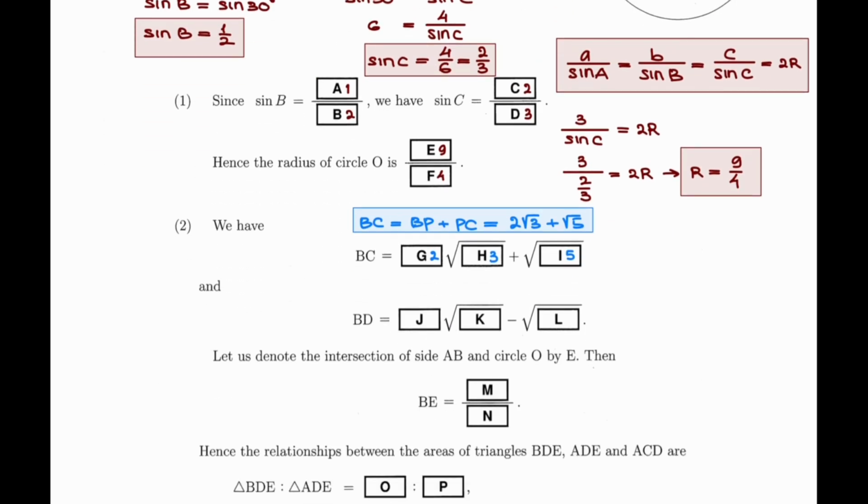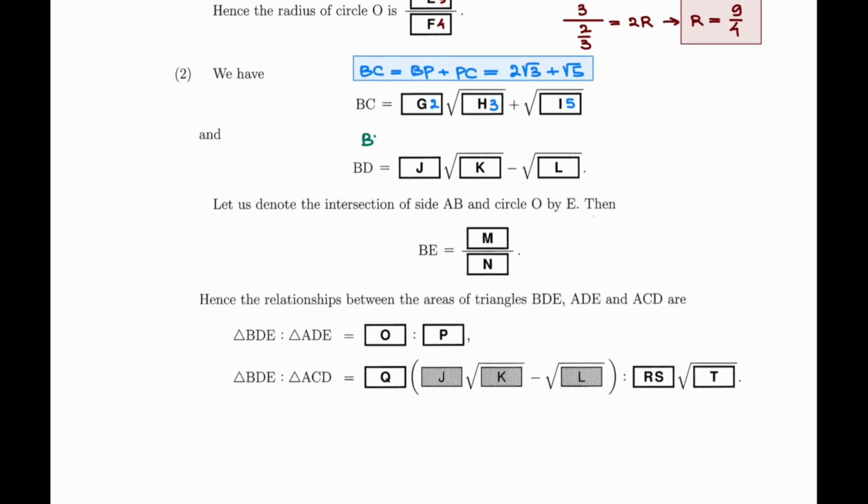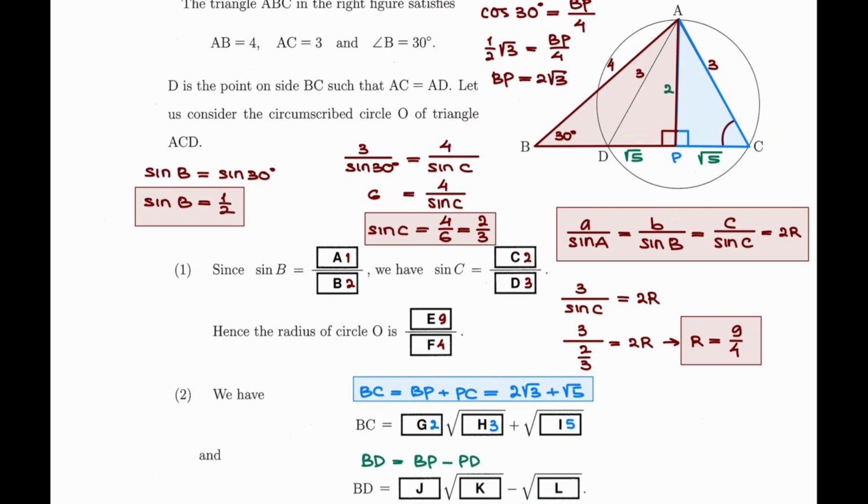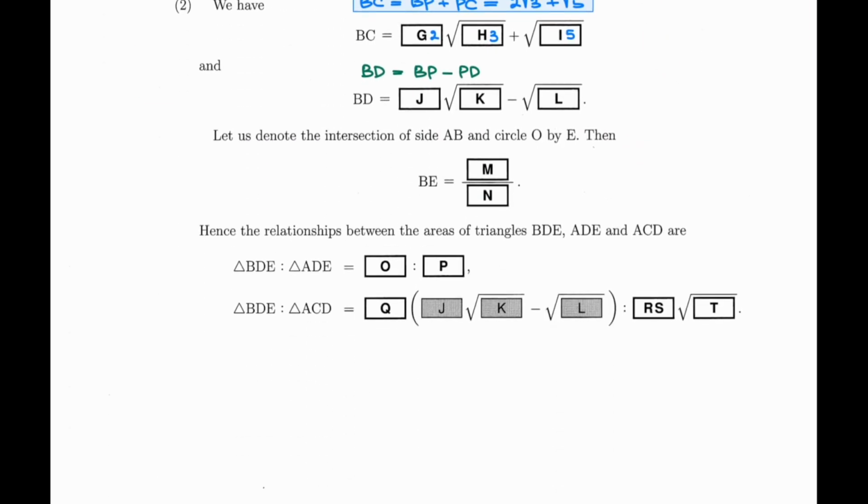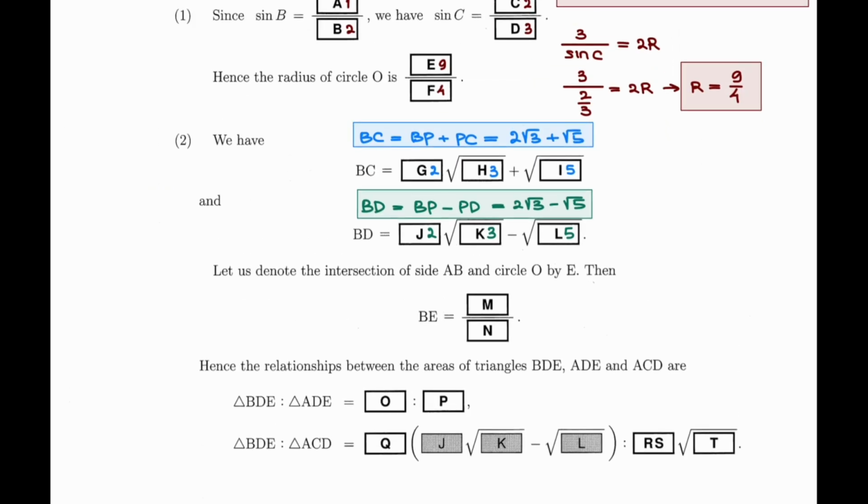I will use BD is equals to BP minus PD. BP is 2 square root of 3, PD is square root of 5. So I got 2 square root of 3 minus square root of 5. This is my answer for BD. So J is equals to 2, K is equals to 3, and L is equals to 5.